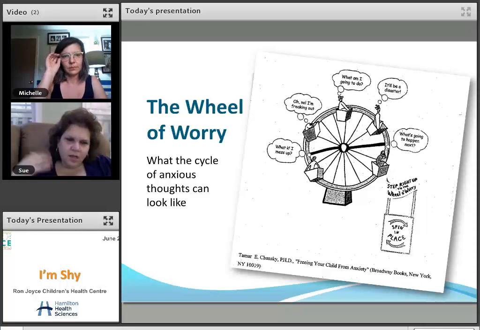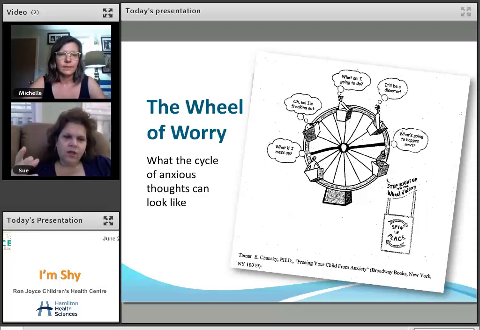And then again, with this wheel of worry, it really is about that constant movement. It is like this virtual Ferris wheel where I'm constantly picking up a new worry, and I'm going around and around with that thought and all the things that are attached to that thought. And then it's like, oh, and then what if this happens?